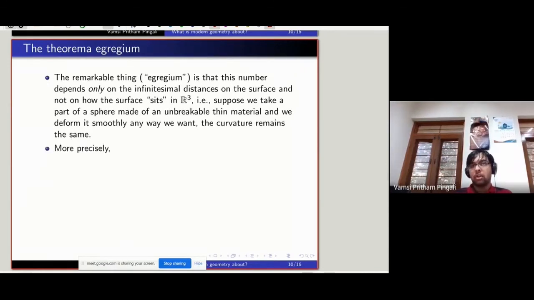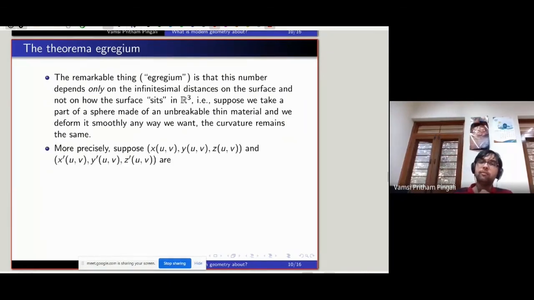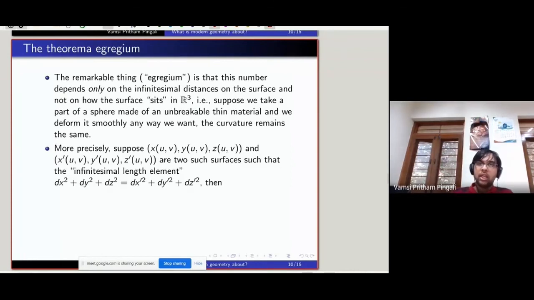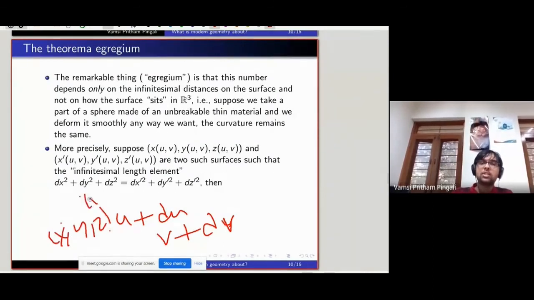So, more precisely, suppose x of u, v, y of u, v, and z of u, v, and x prime, y prime and z prime of u, v are two such surfaces such that if you take u to u plus du and v to v plus dv, then x, y, and z go to x plus dx, y plus dy, and z plus dz.